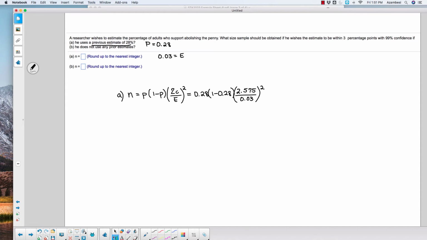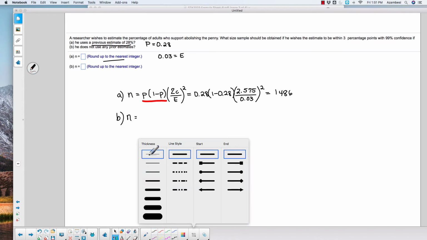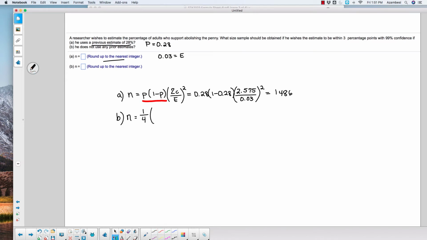Plugging that into my calculator gives me 1485.26, and we always round up to the next integer, so here I would use 1486. Now if I don't have any prior estimates, then the only difference between the two is instead of using p times 1 minus p at the beginning, I'm going to replace that beginning term with a fourth. So 1/4 times ZC over E squared.